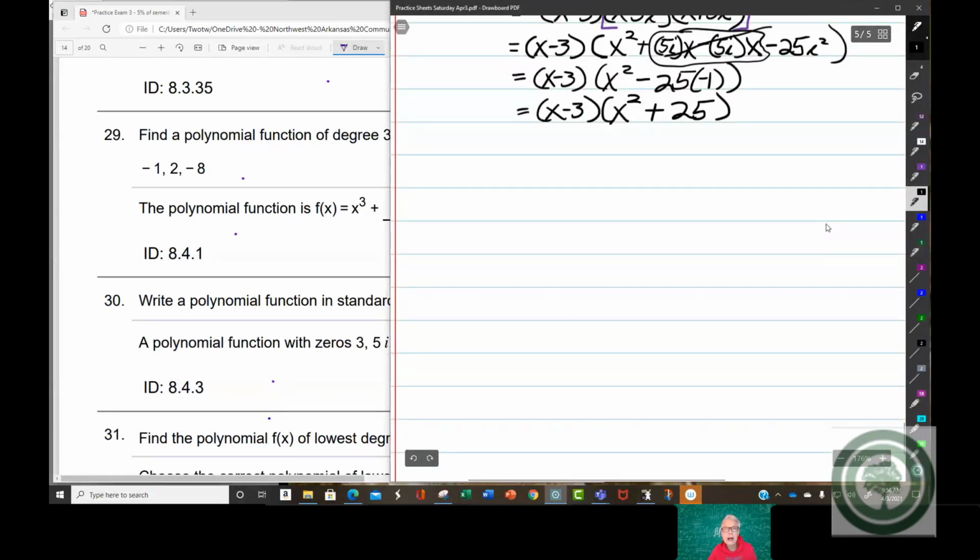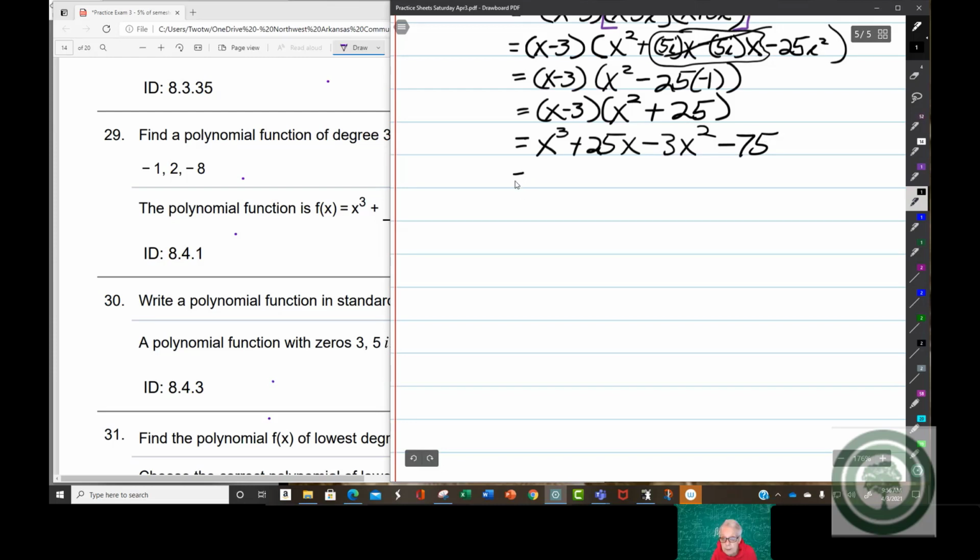Now we're going to multiply these and we will be done. X times x squared is x to the third. X times plus 25 is plus 25x. Negative 3 times x squared is minus 3x squared. And minus 3 times plus 25 is minus 75.